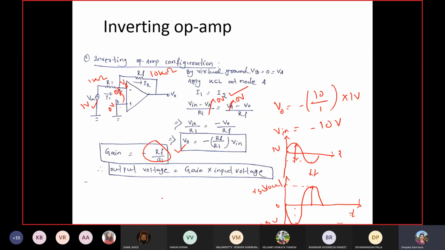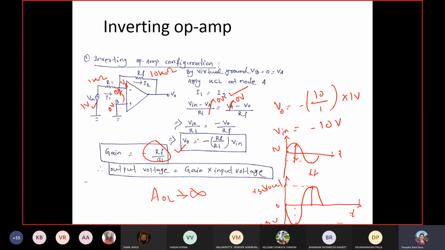Now you just realize, if the gain will become infinite, if minus of RF by R1 is not present, in the ideal case just AOL is infinite, what should be the output voltage? Infinity only. Okay.